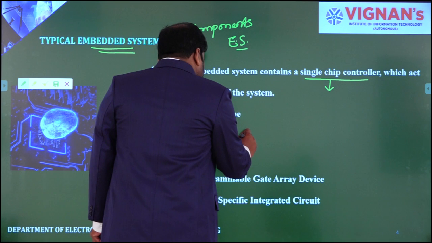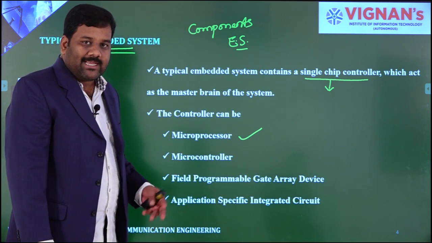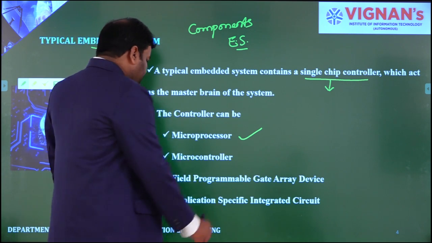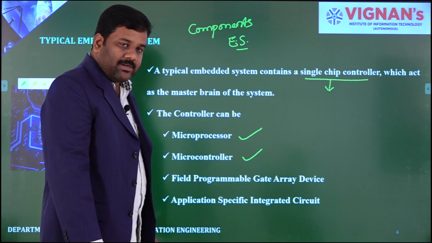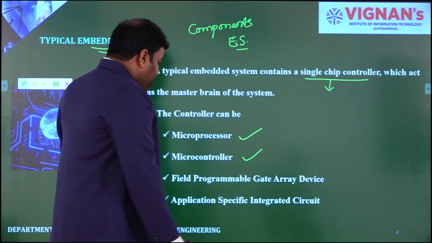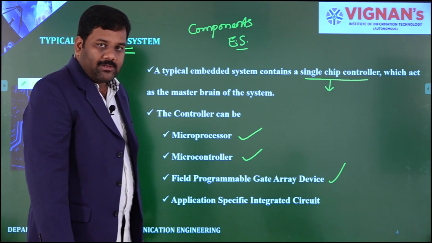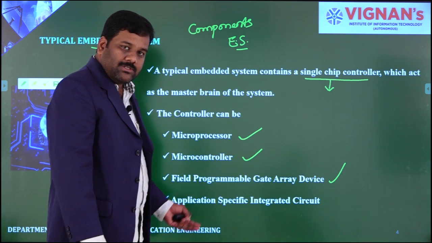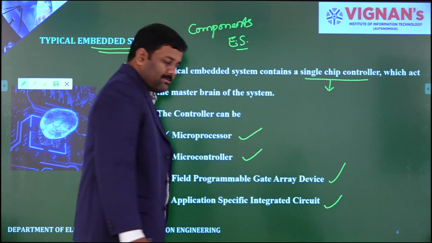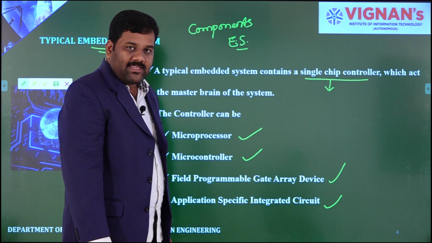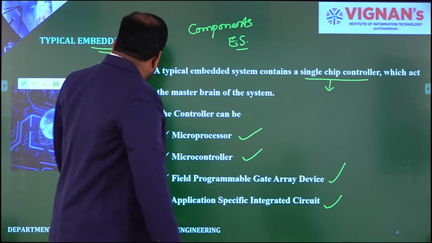There may be microprocessors that we can use as the brain, or microcontrollers, yes, we can use as the brain. Next one is FPGA, field programmable gate arrays, we can use as a brain. And the last one is ASICs, application specific integrated circuits, which we can use as the core of an embedded system.